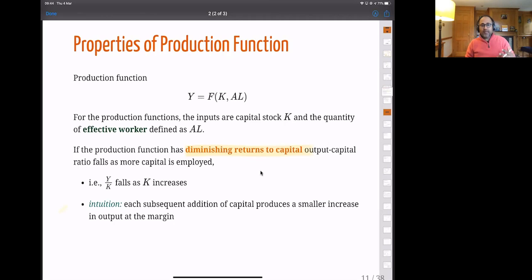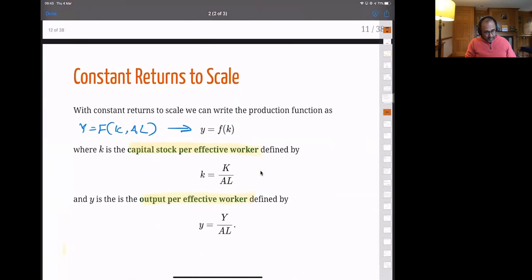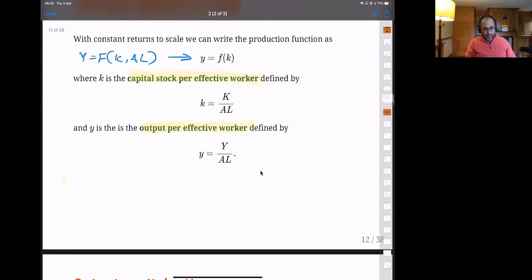South Korea is an excellent example of that. And there are various other examples of countries which have followed the policy prescriptions that come out of the Solow growth model and have benefited. So it's very difficult to overstate the impact of these ideas.